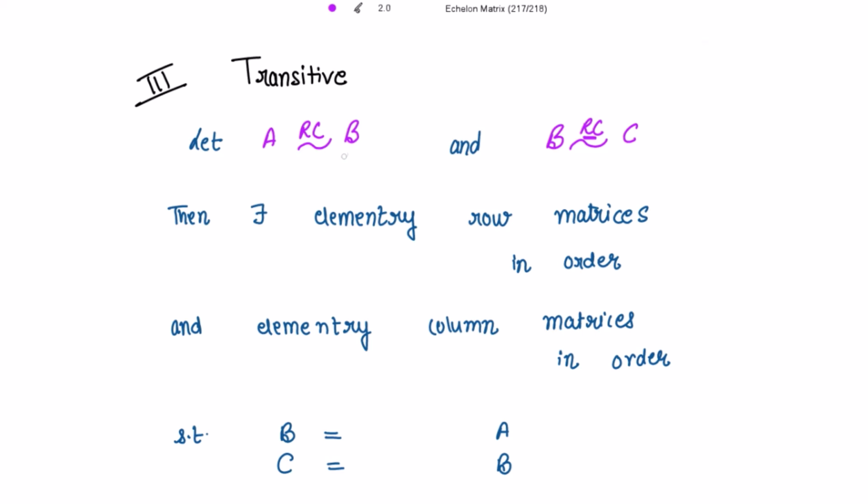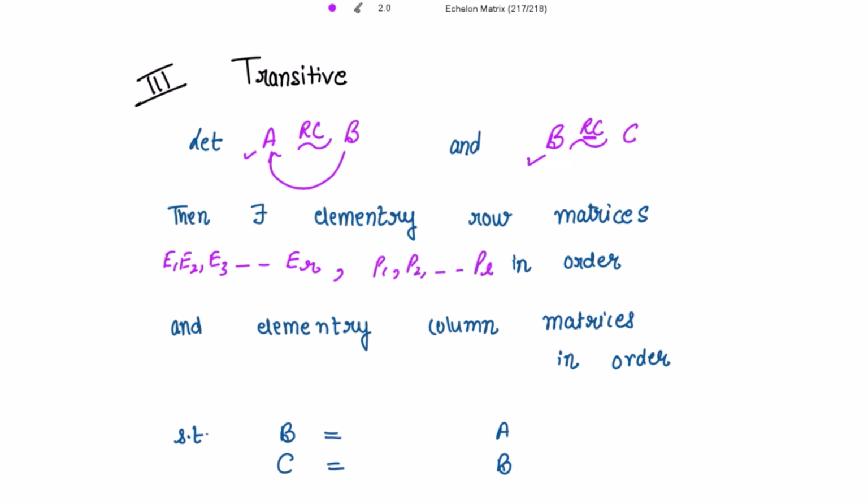Now as B is obtained from A by applying the row column operations, there exist elementary row matrices for A, let's say E1, E2, E3 up to Er, and elementary row matrices for B, let's say P1, P2 up to Pl in order, right?